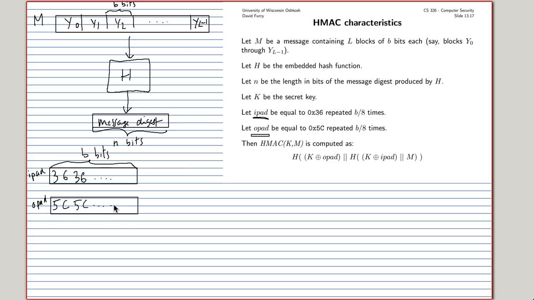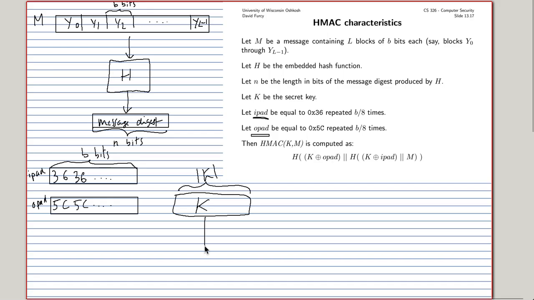Let's not forget that we also have a key which is required. It's a shared key between the sender and the receiver. So this key is also going to be a bit string. Now, because we're going to do an XOR between the key and each one of these input and output pads, we have to make sure that the key, whose length could be anything, actually has a length equal to B bits.